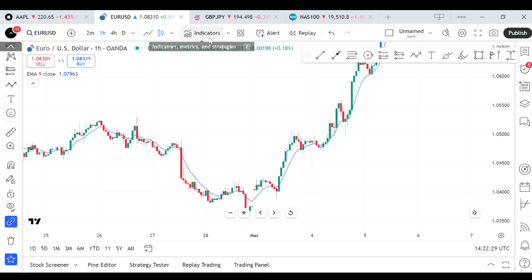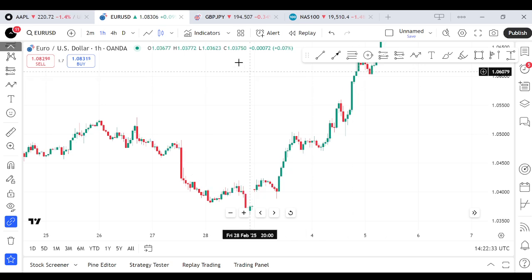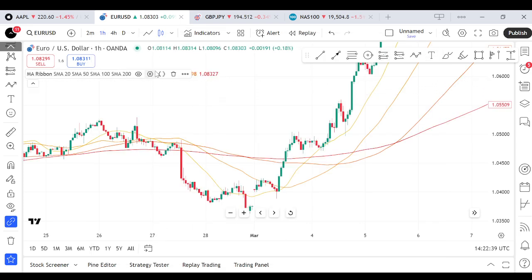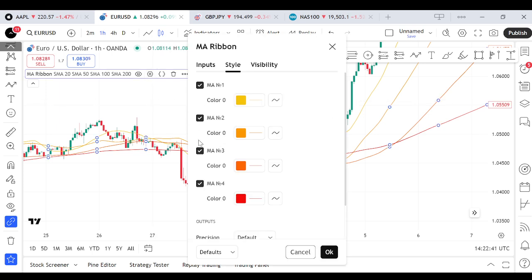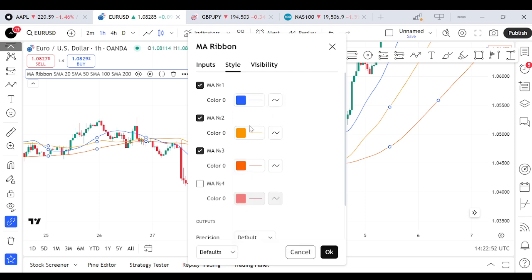So the first step is I'm going to use multiple EMAs. I'm going to use the EMA ribbon, the moving average ribbon, so that I can plot multiple EMAs on my chart. I need 3 EMAs. So we are going to be plotting the 9-period EMA, the 21-period EMA, and the 50-period EMA on our charts.